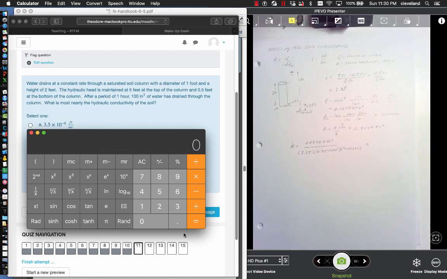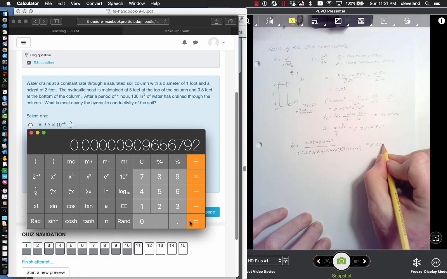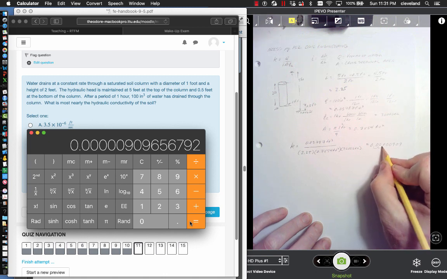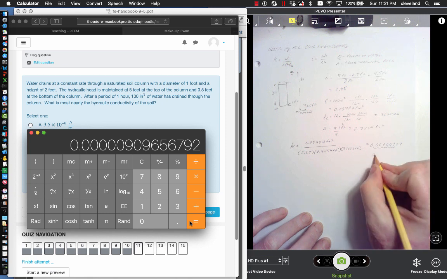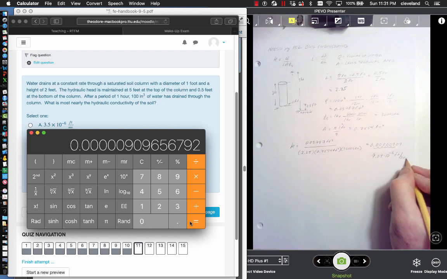Okay, clear that, and we'll do the arithmetic. 0.05787 divide by 2.25 divide by 0.7854 divide by 3,600, this equals 9.09 times 10 to the minus 6 feet per second.